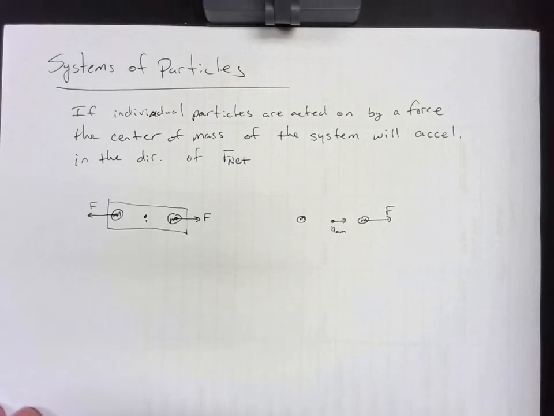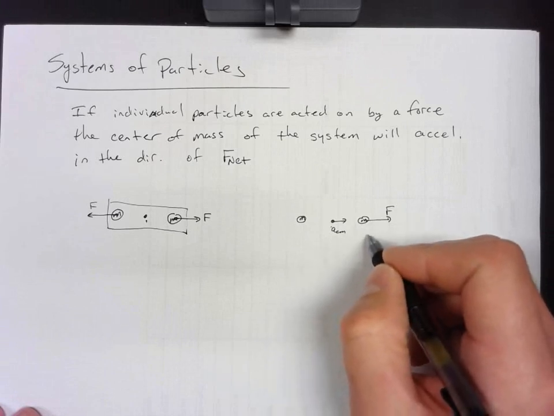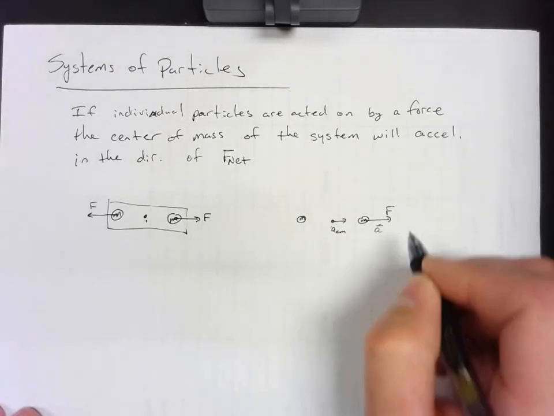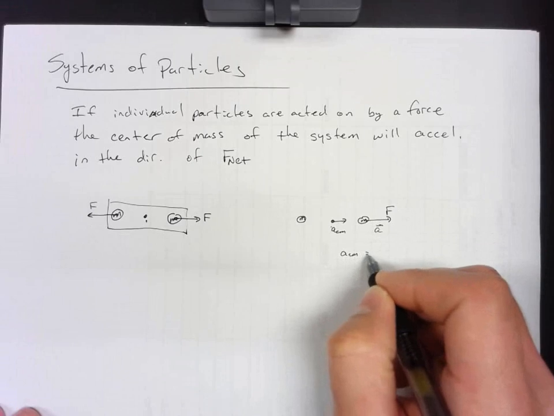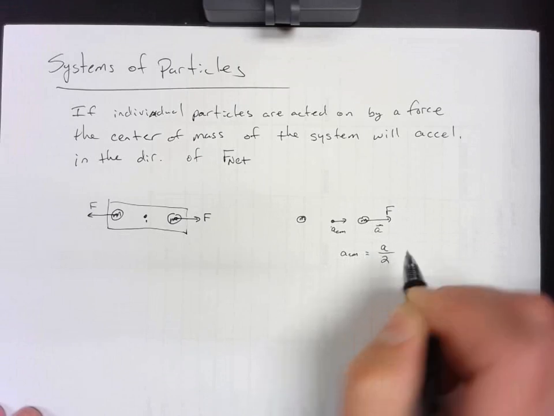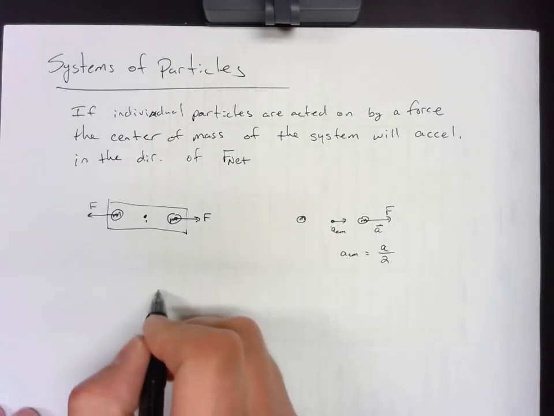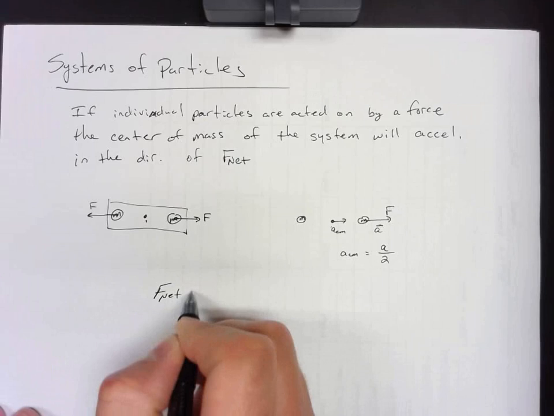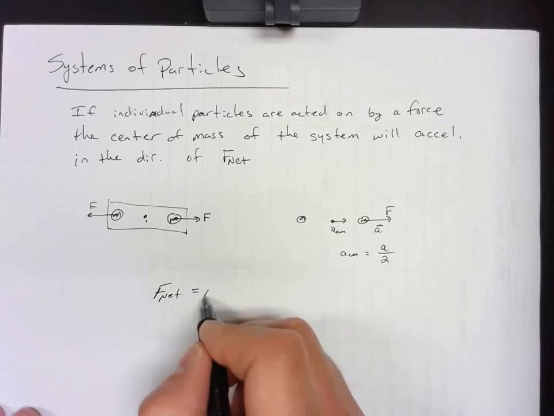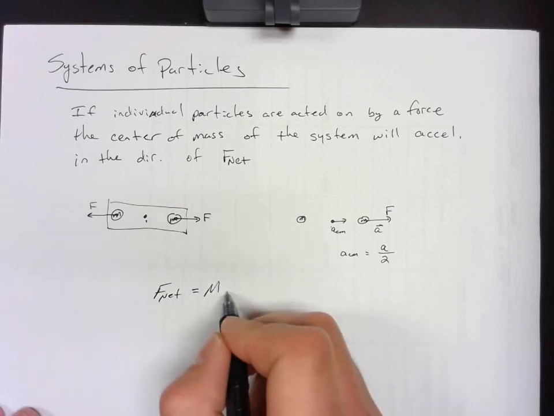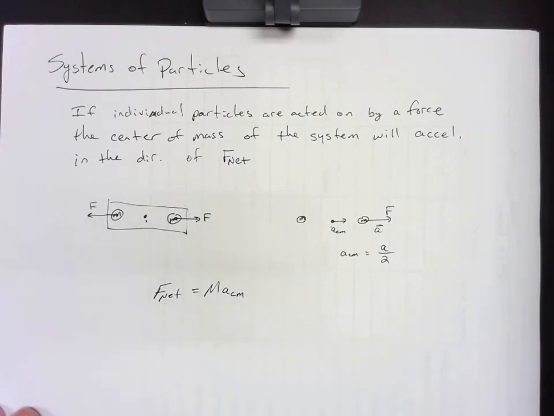And I think we can assume that if this is A, the center of mass acceleration is going to be half of A, since the acceleration is going to depend on the total mass. So the net force is equal to the total mass times the acceleration of the center of mass.